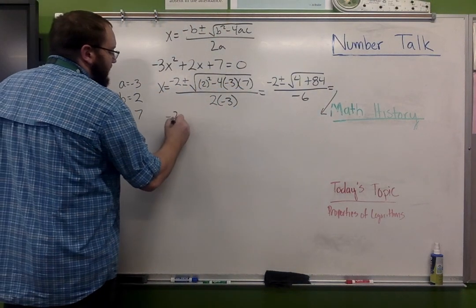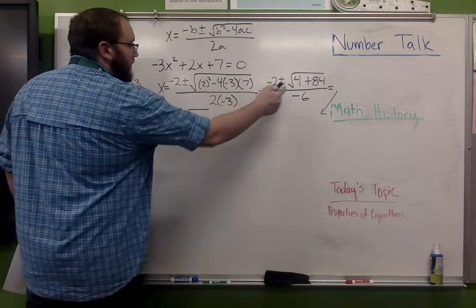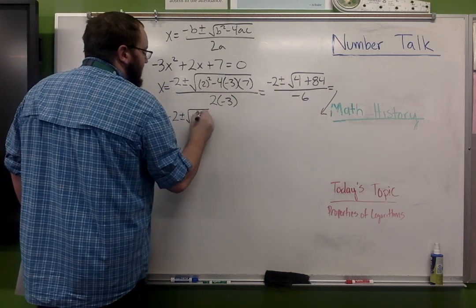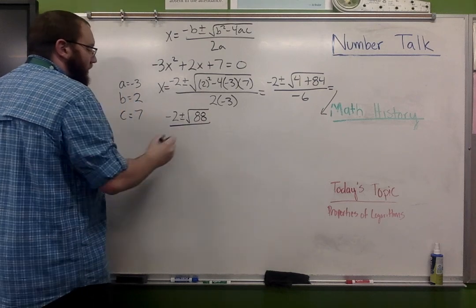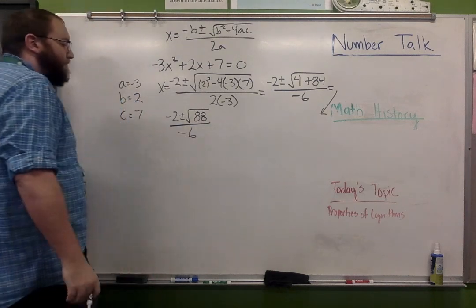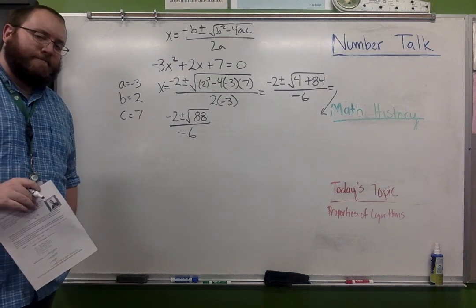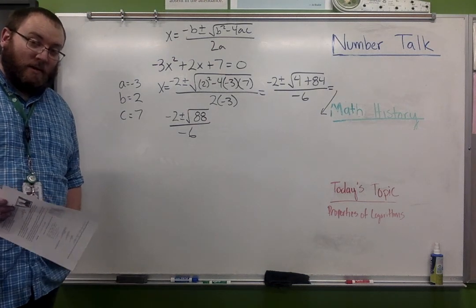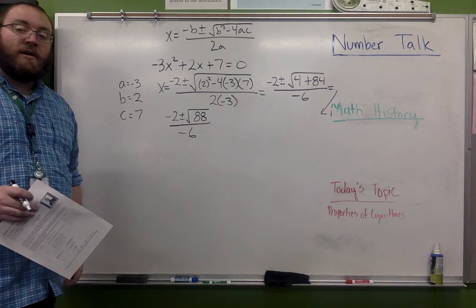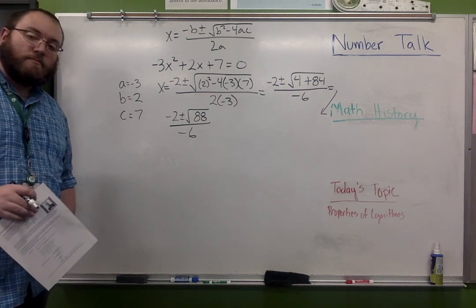And then we have negative 2 plus or minus the square root. 4 plus 84 is 88 over negative 6. What number times itself is 88? There isn't one. Right?